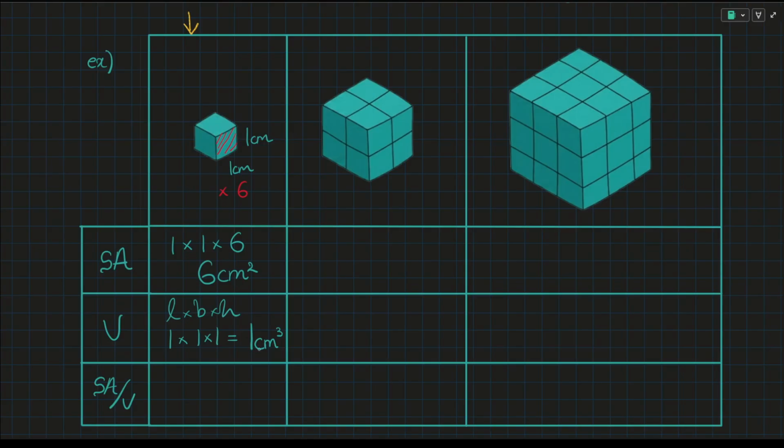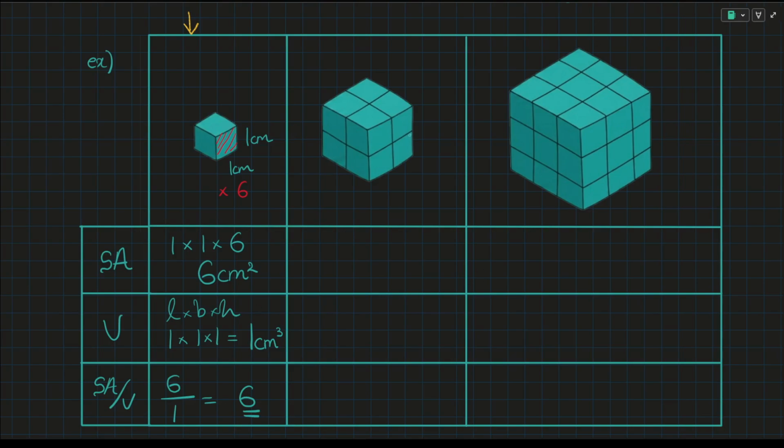Now, what about the surface area to volume ratio? Surface area is 6. When you divide it by the volume, 6 over 1 is simply going to yield you a value of 6. Alright. Pretty simple process. It's a mathematical process.